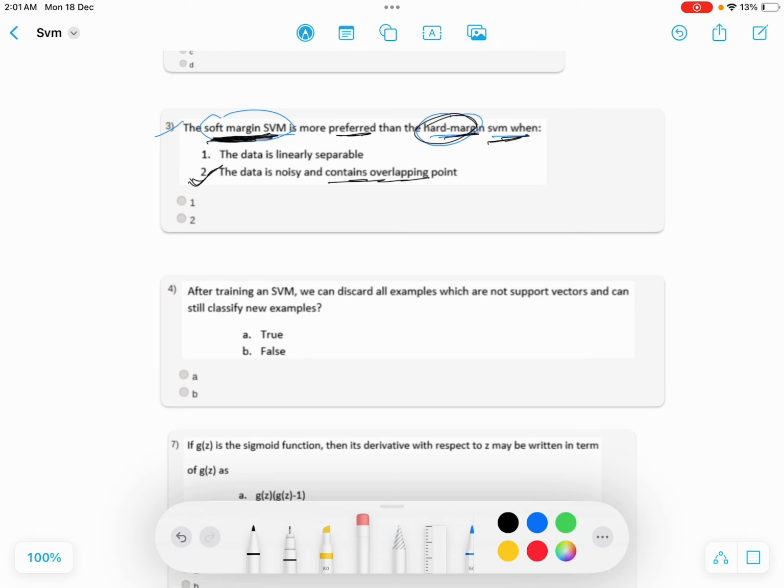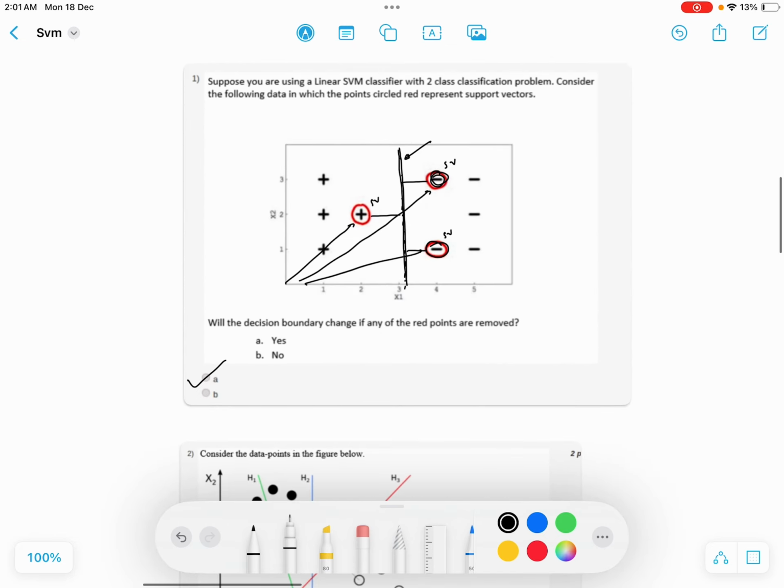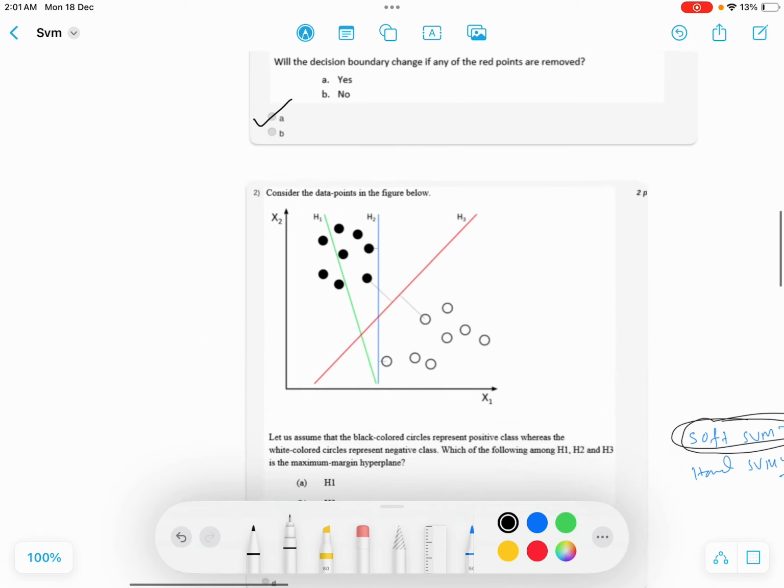Let's look at question number 4. After training an SVM we can discard all examples which are not support vectors. If you look at example number 1, if this is your separating hyperplane, then these are the support vectors and all these are the non-support vectors, right?